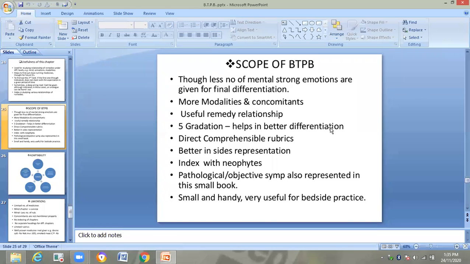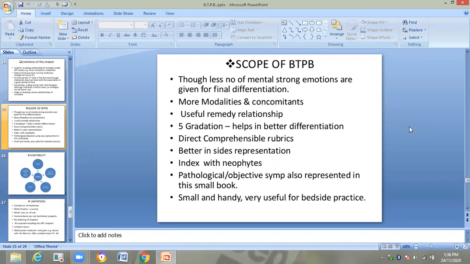There are very few mental symptoms as well as symptoms related to emotions in this repertory, and these symptoms related to mind and emotions we find at two places in this repertory: under mind, and under modalities, that is aggravation and amelioration.